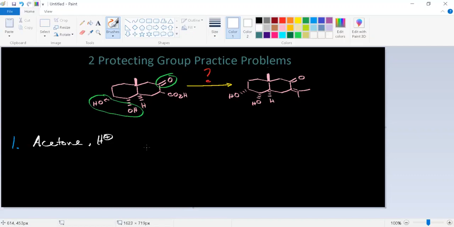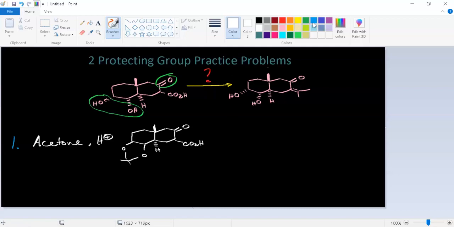Why are we doing this? When we introduce acetone and H+, we end up with this. It's kind of the same thing as doing ethylene glycol, it's just that our ethylene glycol is already in our molecule.